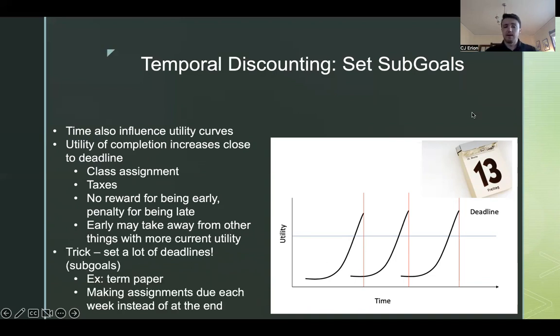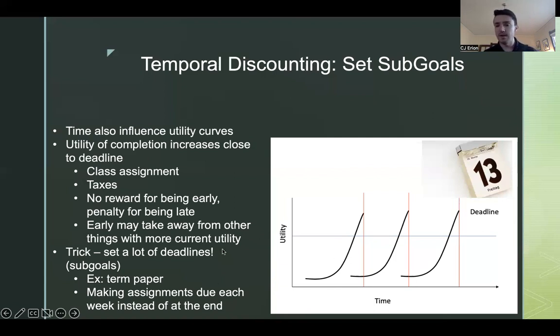And so with that, one strategy we can use to stay on a better pace for turning in assignments or whatever it might be is setting a lot of deadlines and changing that one big goal to smaller things, so that we can feel this increase, right, in subjective utility value as we get closer to each of those deadlines.